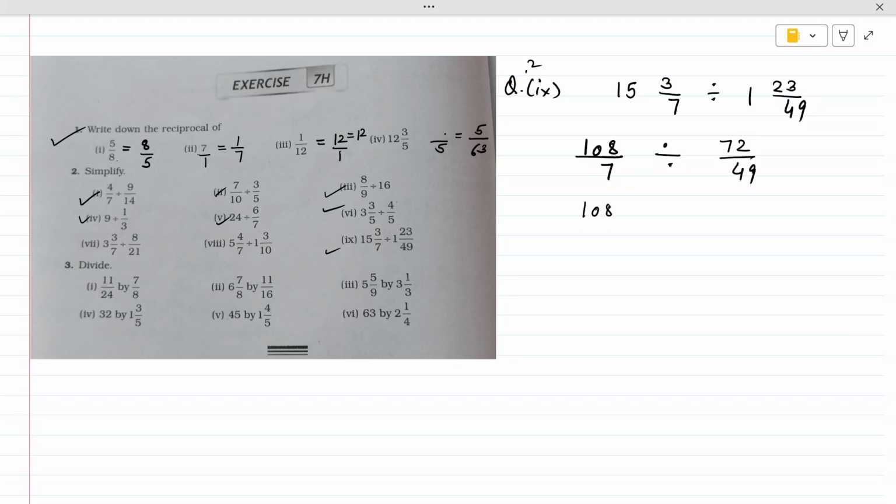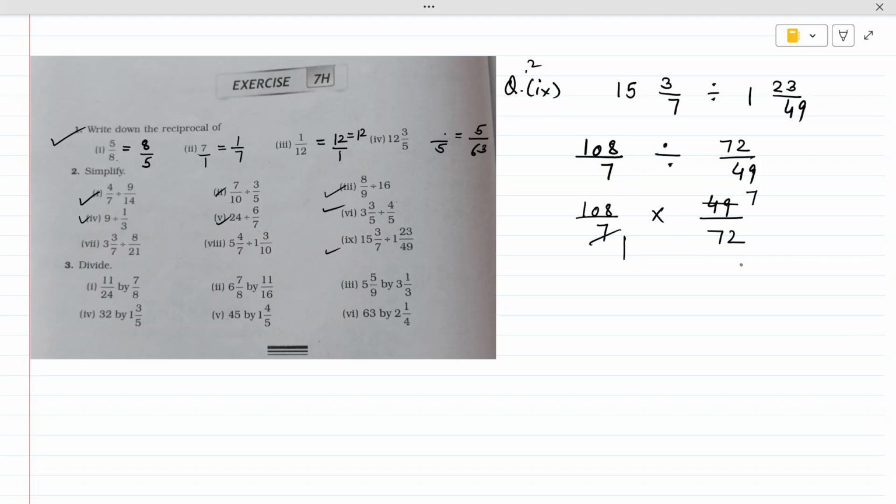Now let us change the division to multiplication. So this will become 49 by 72. 7 into 1, 7 into 7. And for the other number 72, let me divide this particular number with 36.